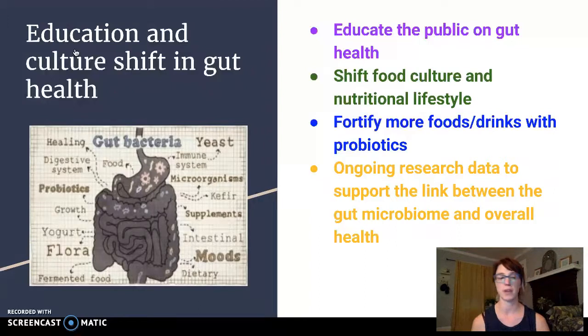Especially when we have 24/7 availability of high fat, high saturated fat, and sugary foods and drinks that can damage the microbiome. So something I thought about was fortifying more foods and drinks with probiotics.